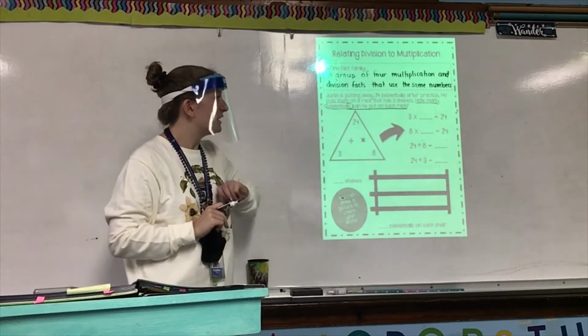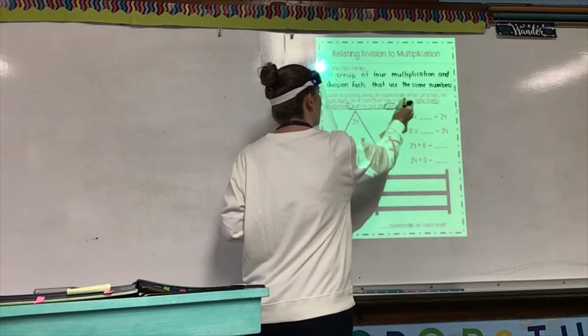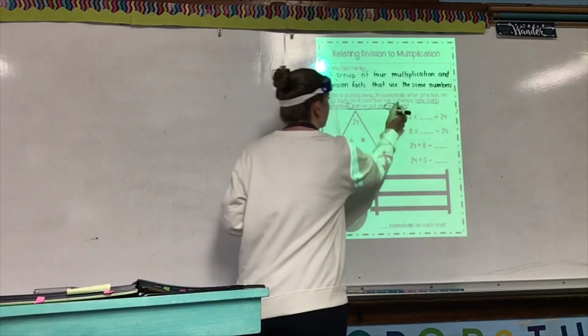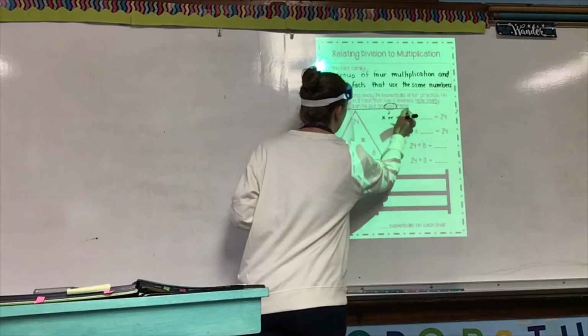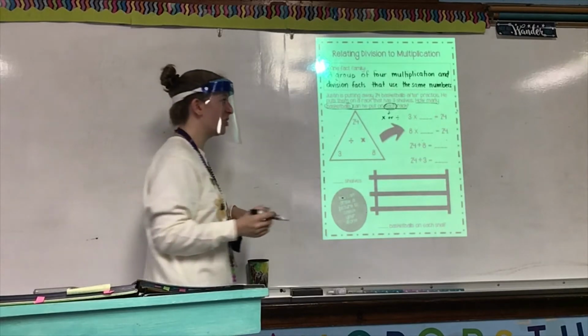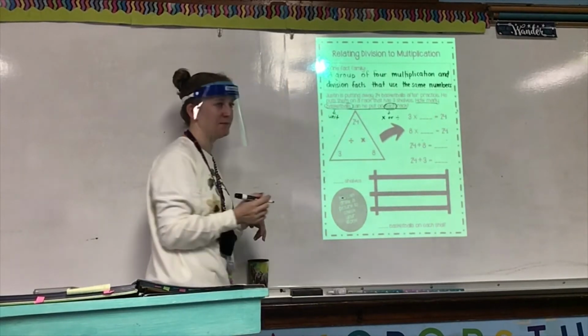Then it says, can he put on each rack? If we see the word each in a question, that means we are doing multiplication or division. Basketballs is the unit that our answer will be.